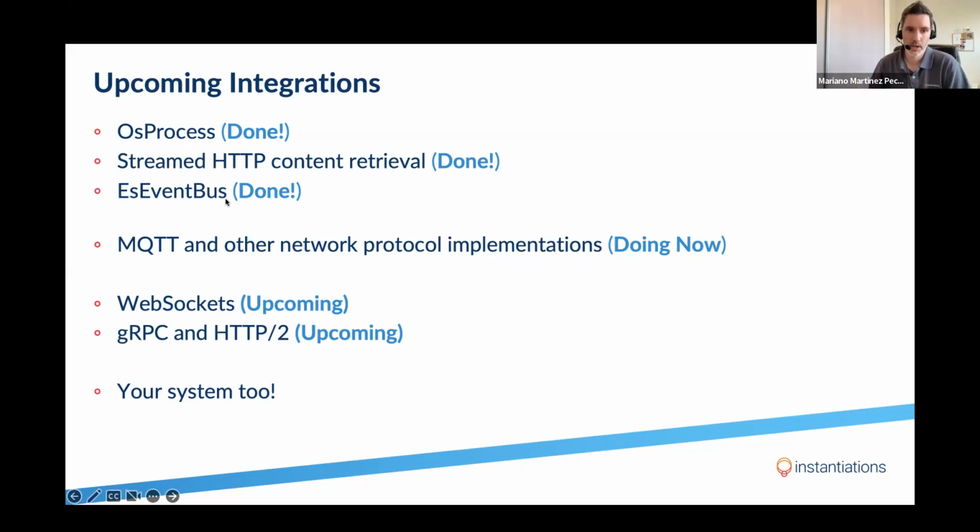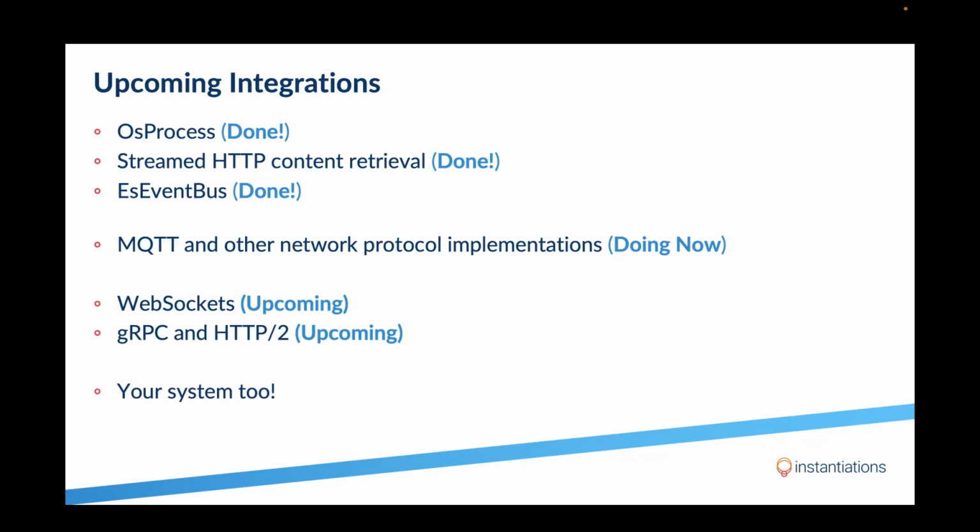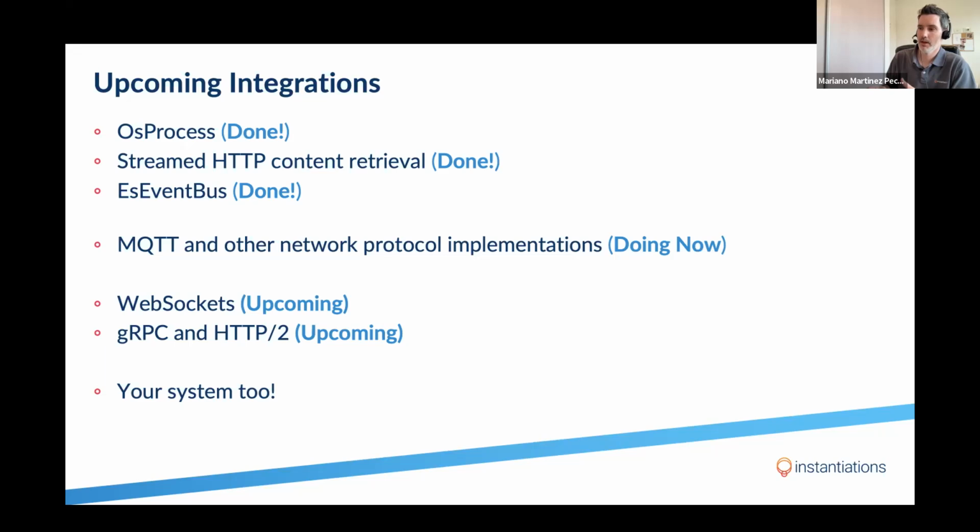For example, OS process, as I have shown with the promises. In BAS 2022, we have a new streamed HTTP content retrieval, which means the HTTP client can now gather data asynchronously in chunks and start processing that data, contrary to having to retrieve all of the data and then process it all together.